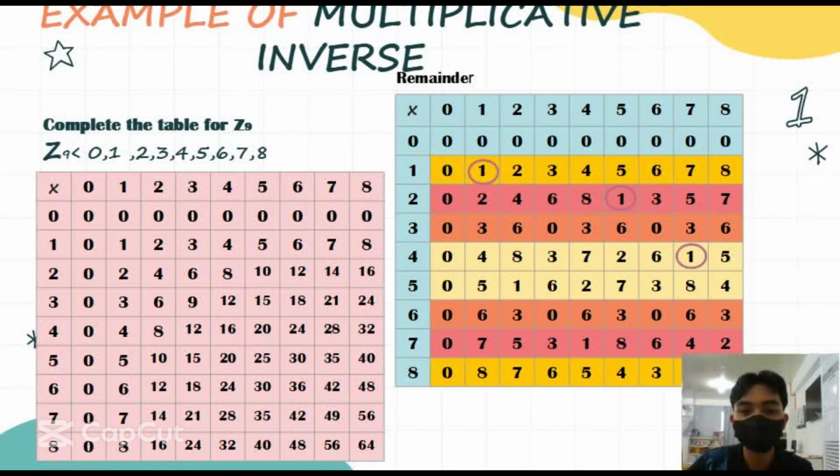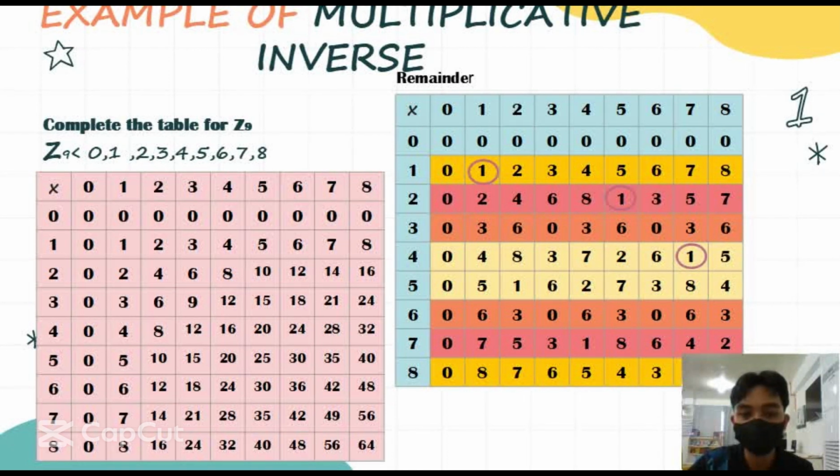And the same process lang po diri sa 5. As you can see, naay 1 diri kay pag times nato ning 5 times 2 is equal to 10 and 10 mod 9 we have the remainder 1. So anaon lang siya pagkuha sa mga remainders. The same process po diri sa kanina nga row.